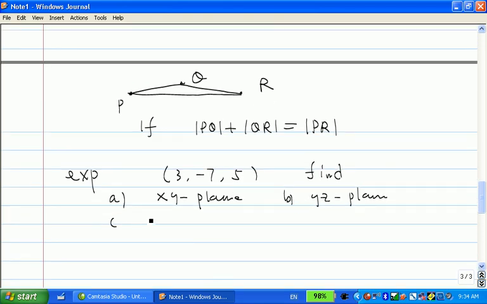C, to the XZ plane. D, we want to find the distance from the given point to the x-axis. E, y-axis. F, z-axis.